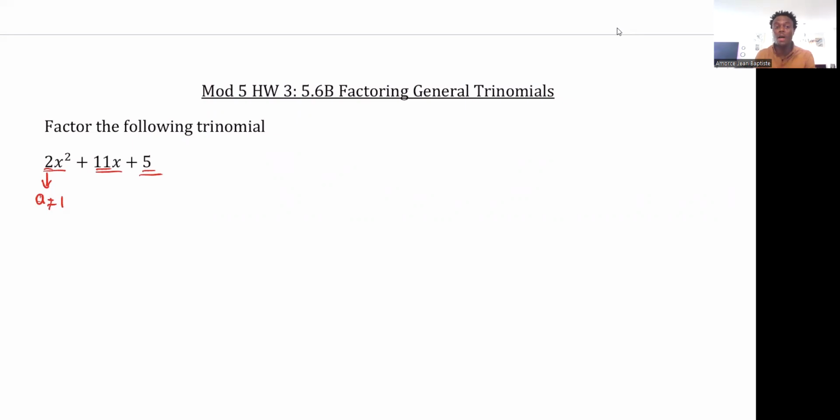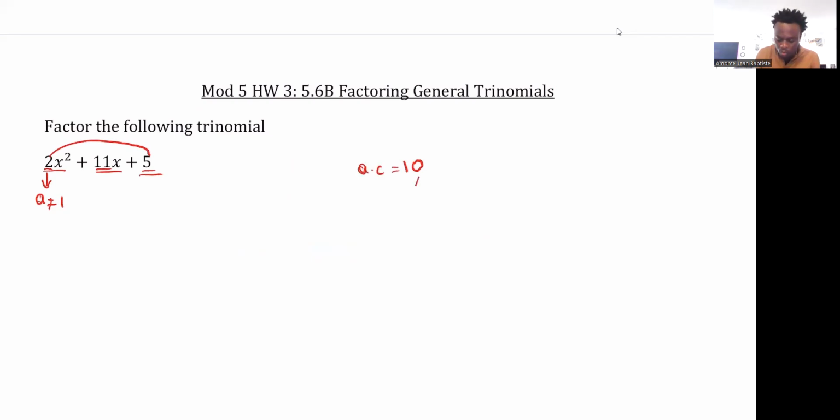If we don't have a common factor, that means we're going to move on to the second step, that is to multiply a and c. 2 times 5 is 10. That's step 2, where I multiply a and c. So a times c equals 10, which is 2 times 5.